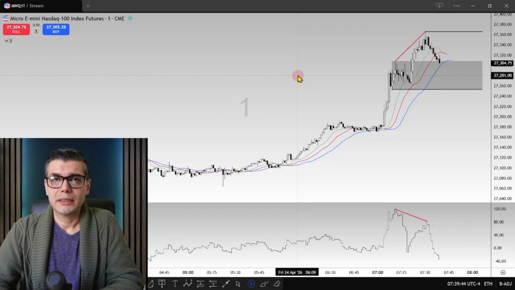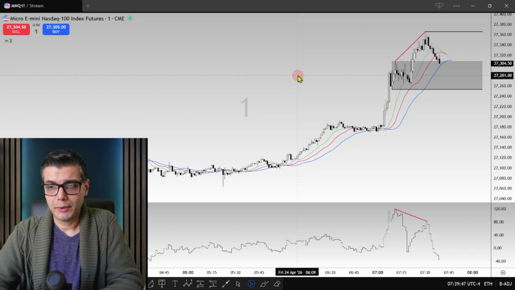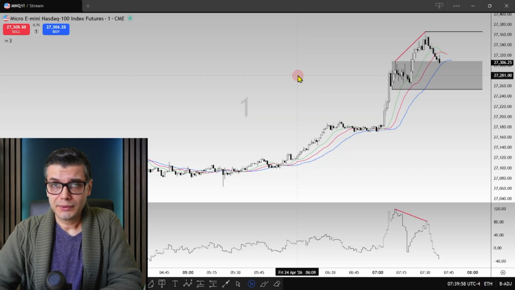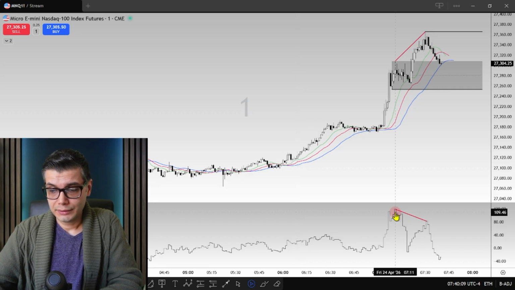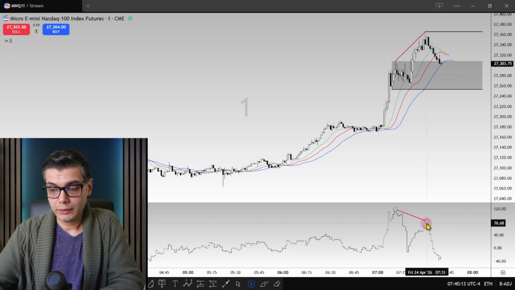Another indicator that I utilize to find market reversal is the momentum indicator. This indicator is designed by Larry Williams. It specifically tells me where the market is exhausted and which high can be a fake high. Over here you see the momentum indicator made a new higher low.